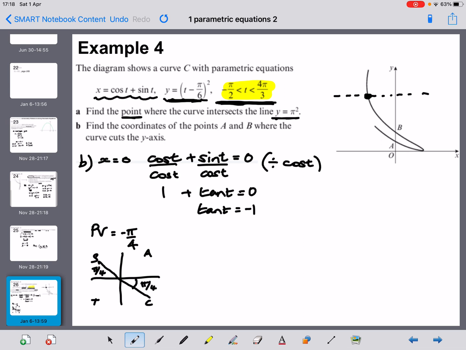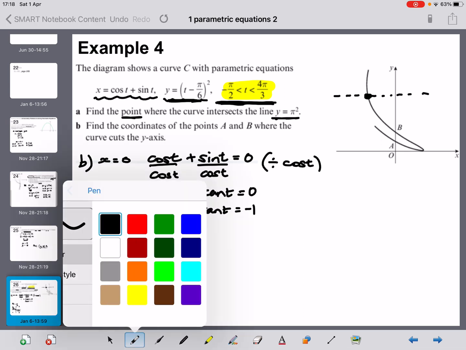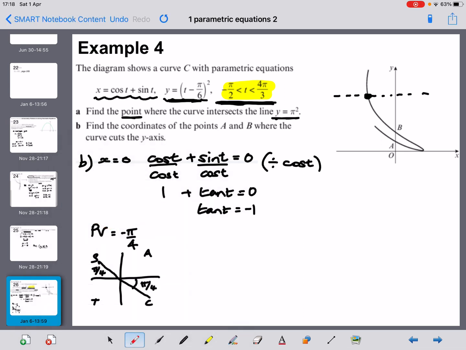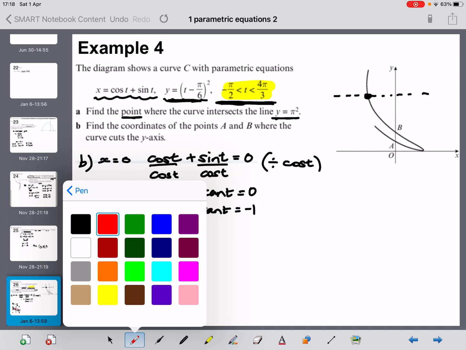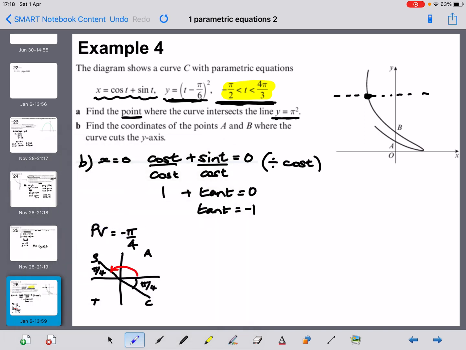We only need that angle there. So 4π/3 is just over halfway in an anti-clockwise direction, so we're going to need that angle there, and -π/2 is just in that first quadrant, but in a clockwise direction.